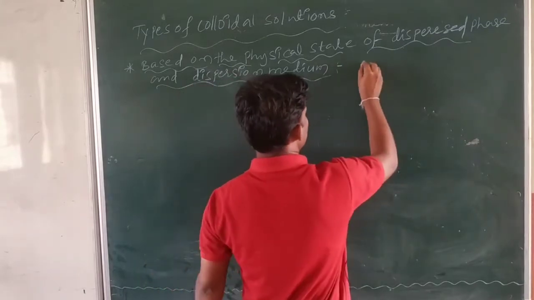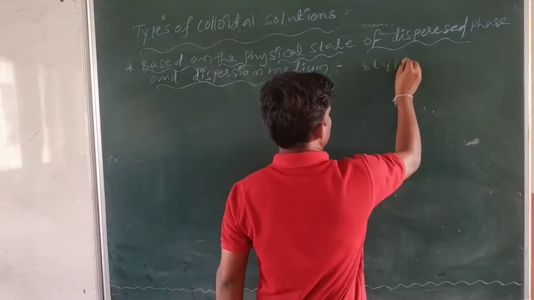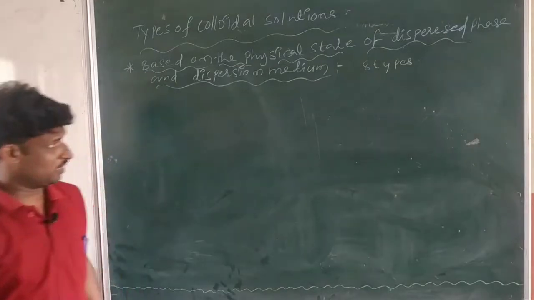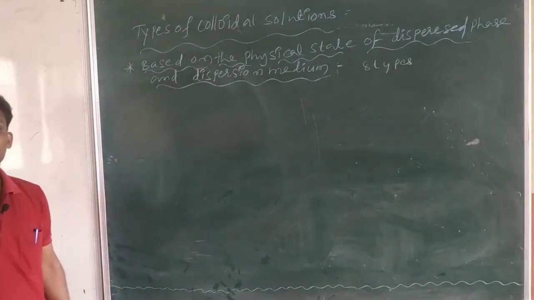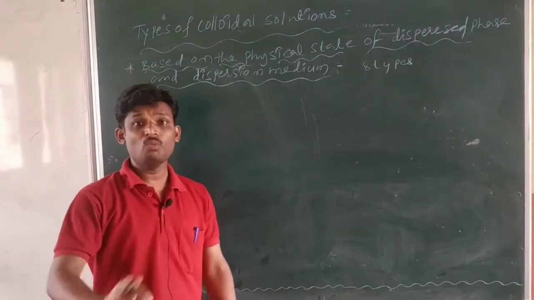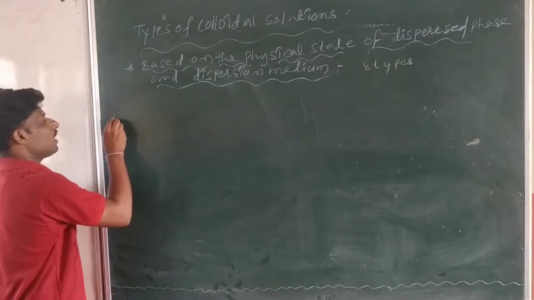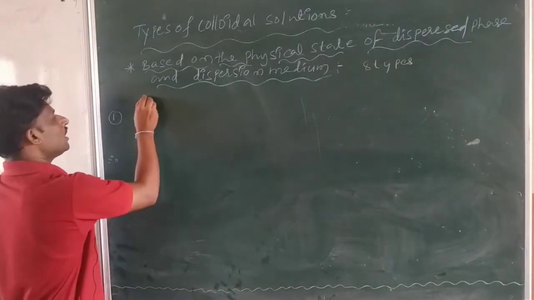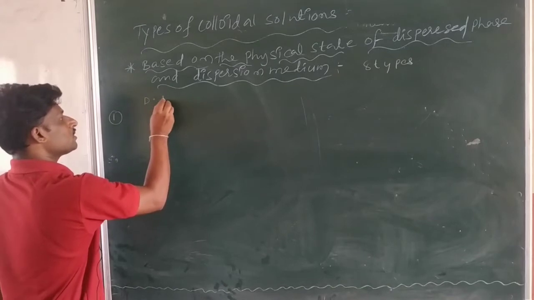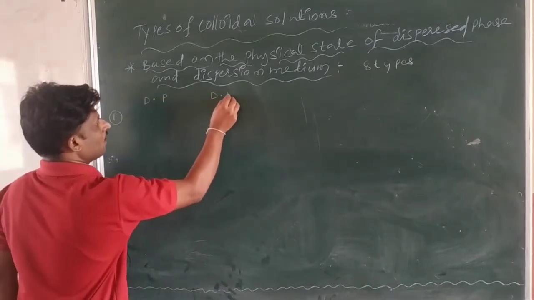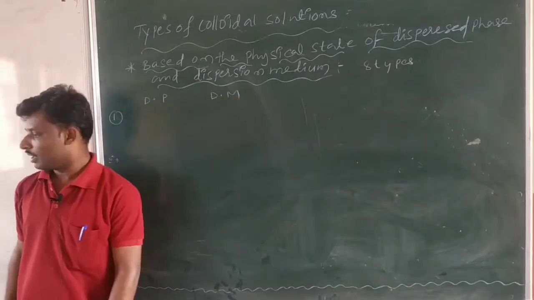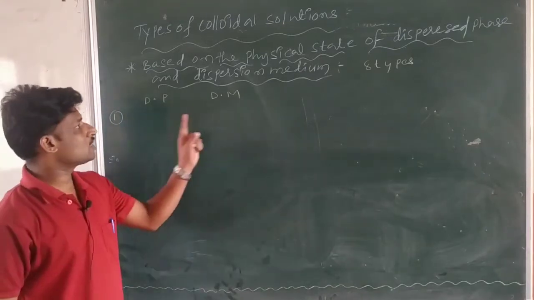How many types? 8 types. What are these? First of all, I am going to take a serial. Here I am taking the dispersed phase, and here I am taking the dispersion medium. Are you getting my point?